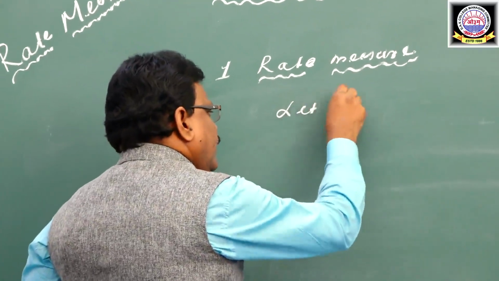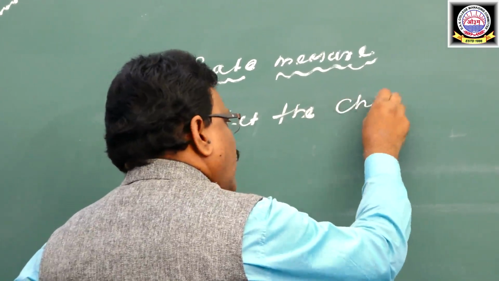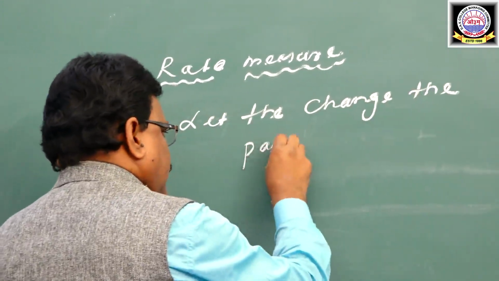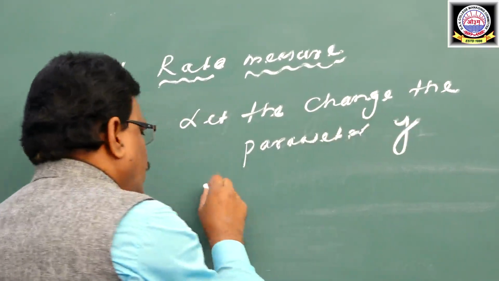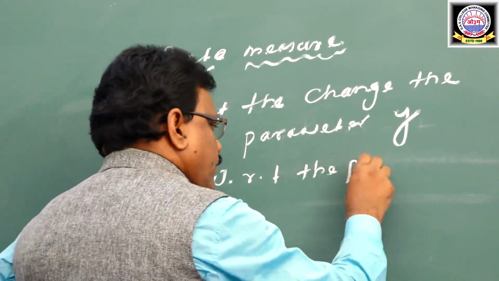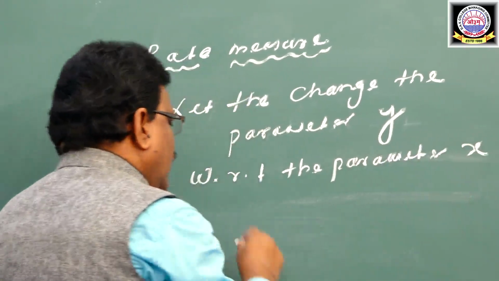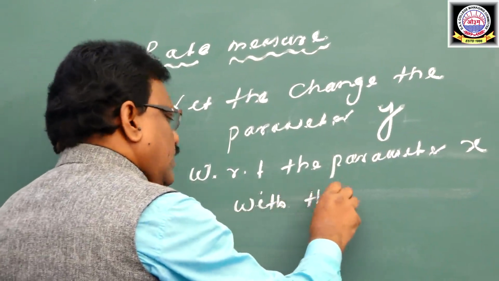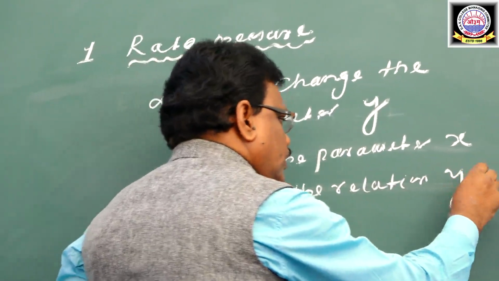Let the change of the parameter y with respect to the parameter x, with a relation, because they must have a relation, say y is equal to f of x.